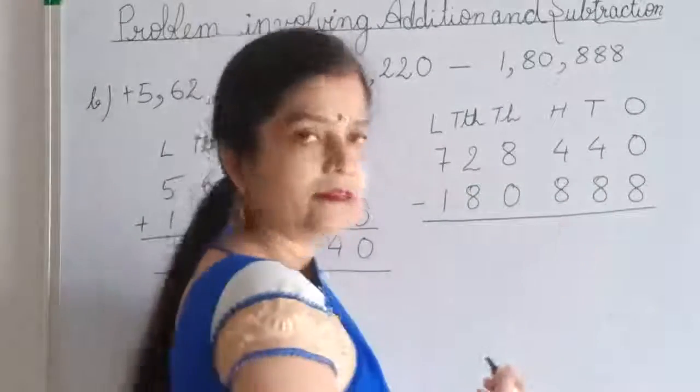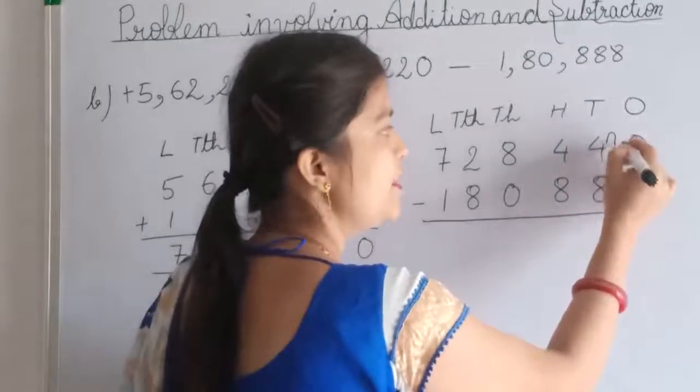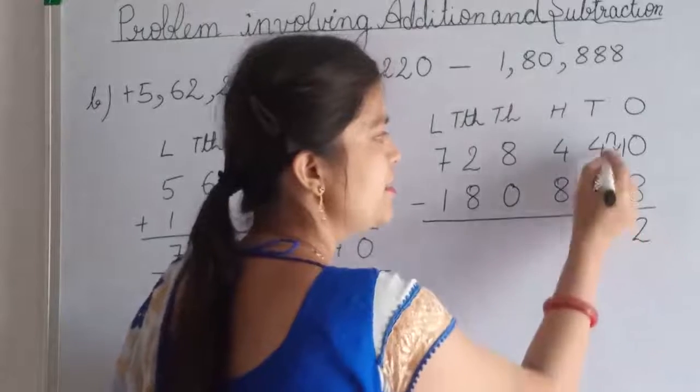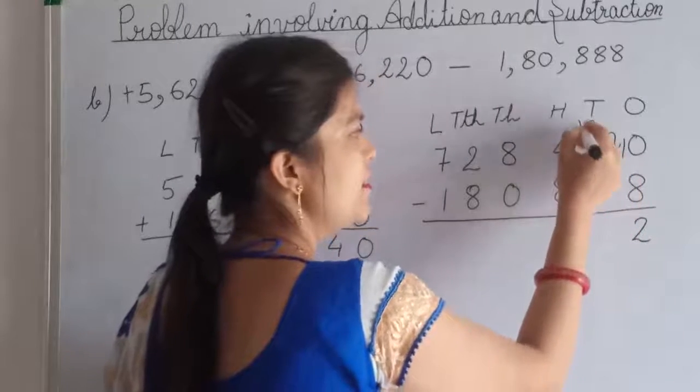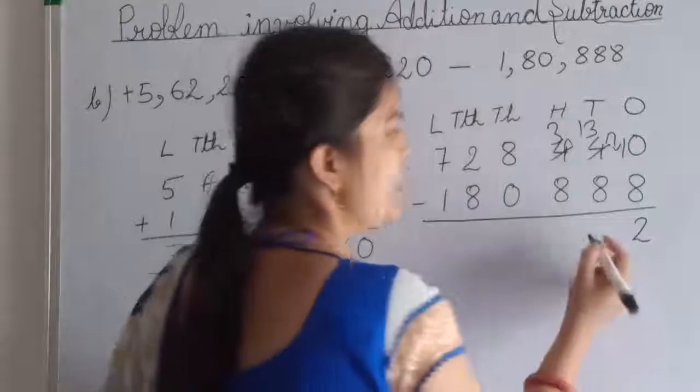Minus, we have to borrow from here, it will become 10. 10 minus 8, it will be 2. Now again 13 minus 8, it will be 5.